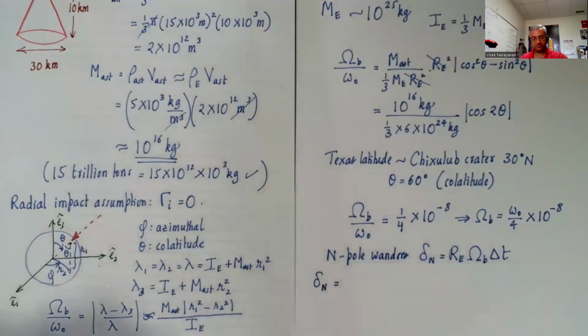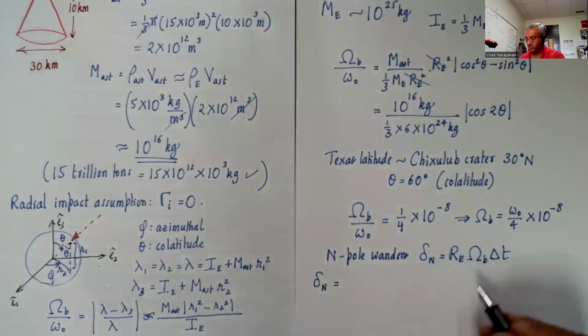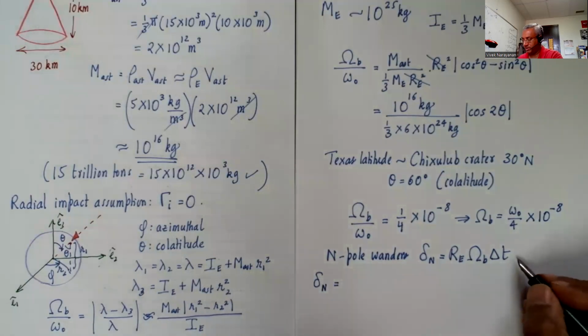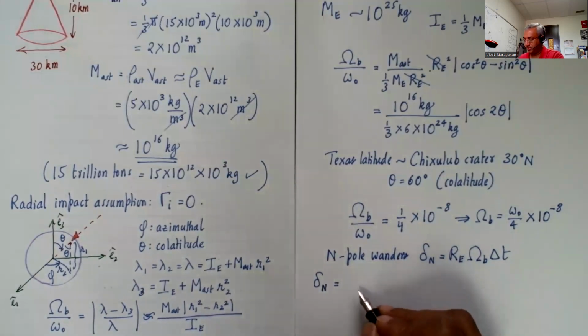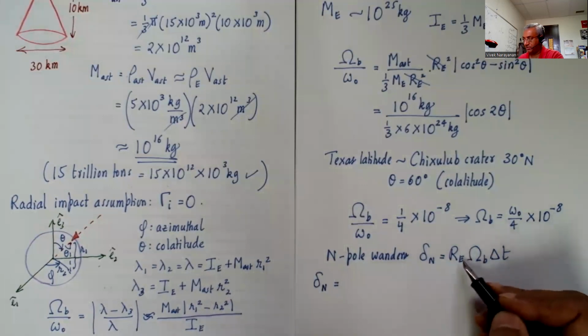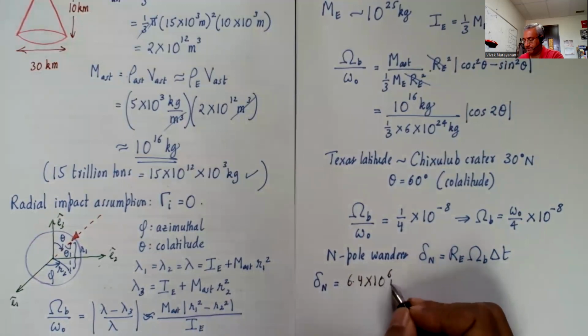Delta n works out to be the following. So this gives me omega naught over 4. So first let me write down R_E, that is 6.4 times 10 to the 6 meters.